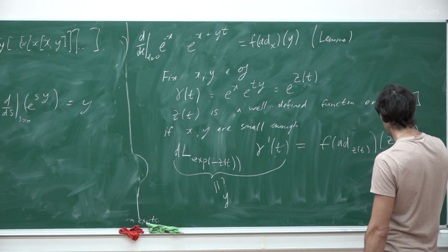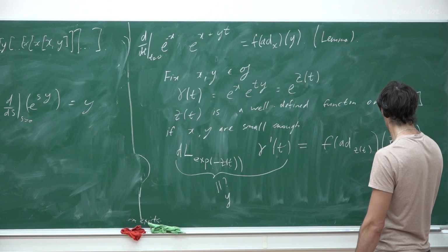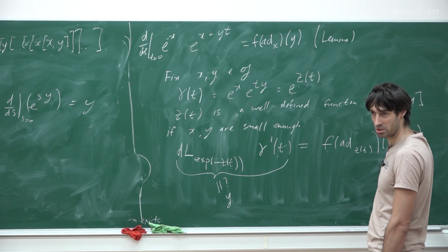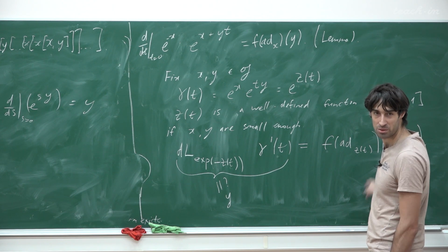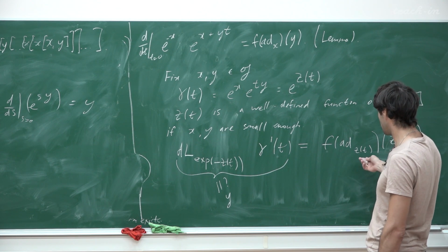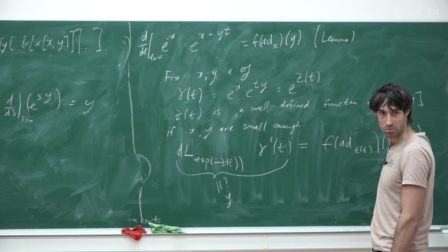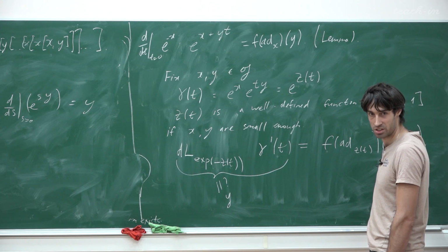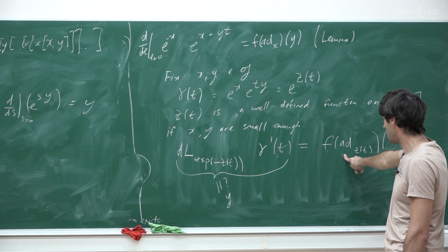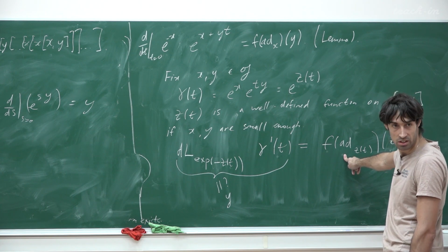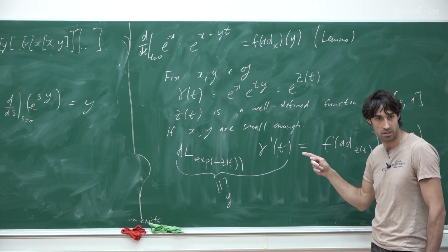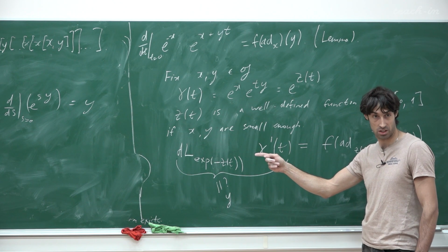Now, I have some series in z of t, and I have z prime of t. So what we are doing, as you say a lot of times, is obtaining a differential equation on z of t, which we will solve in terms of series. So this thing can be inverted, right? It is a series that starts with 1, so I can invert it as a series as well.